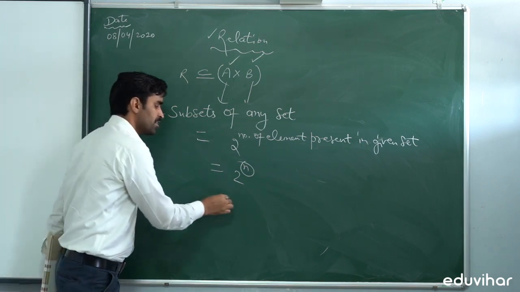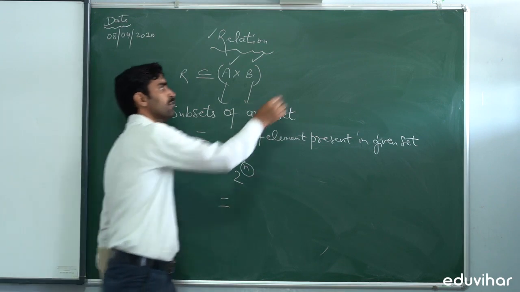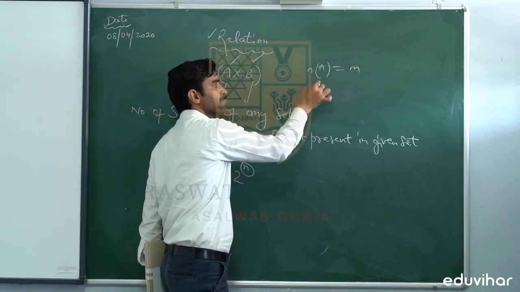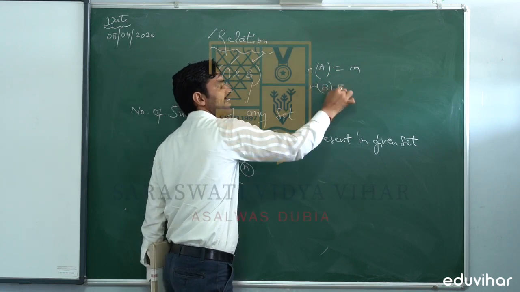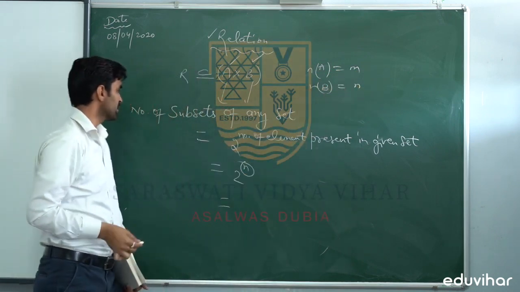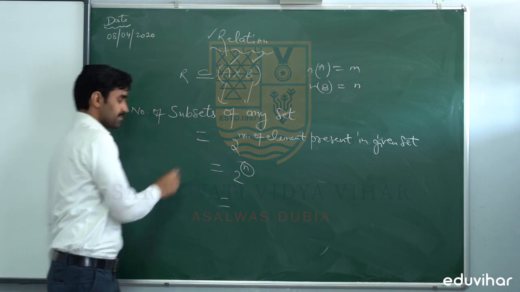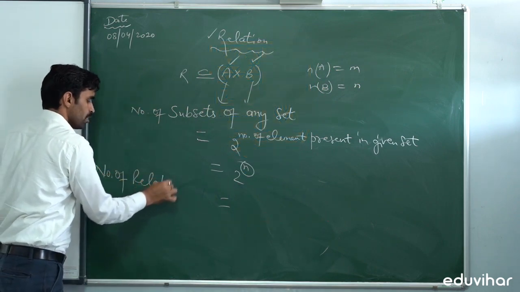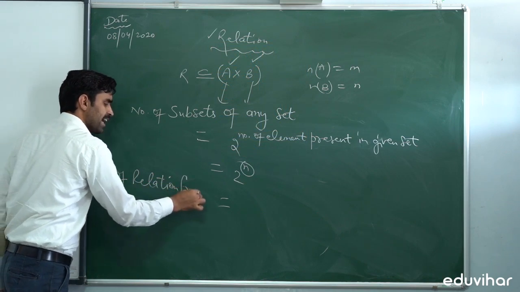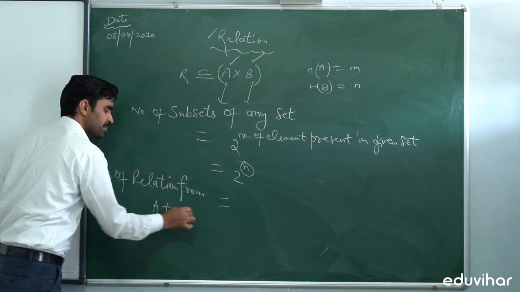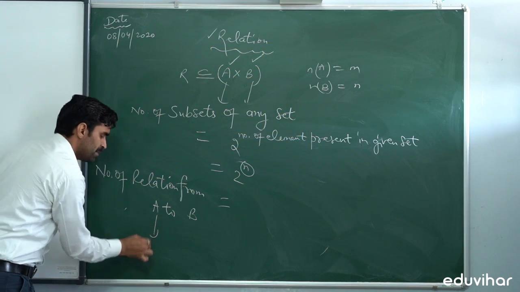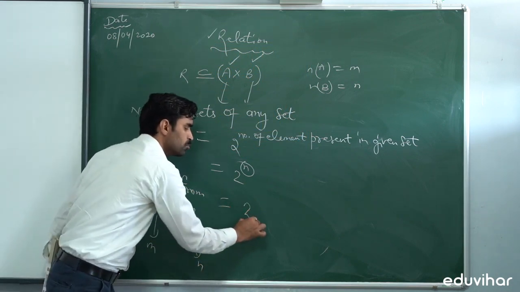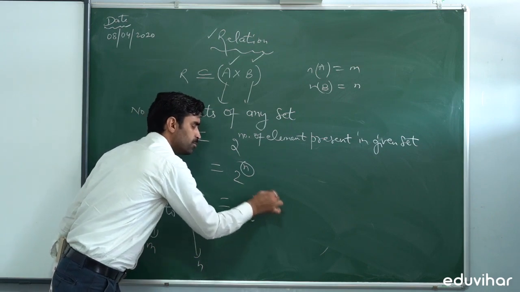If we have set A having m elements and set B having n elements, then the number of relations from set A to set B can be written as 2 raised to the power m times n.